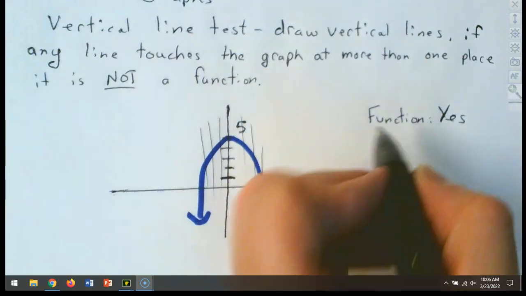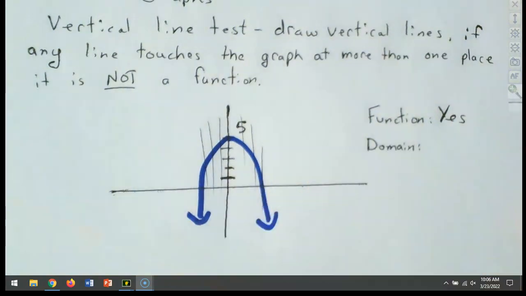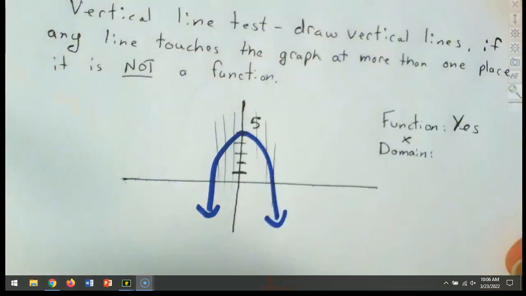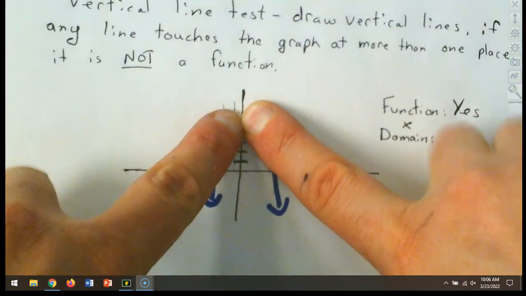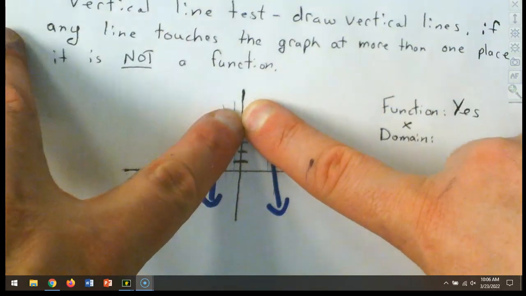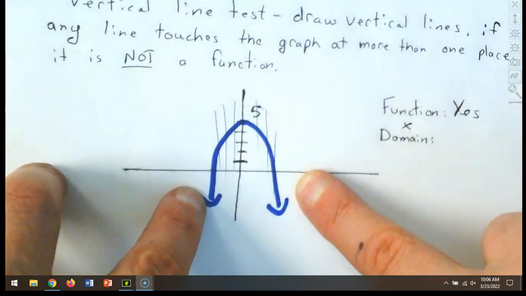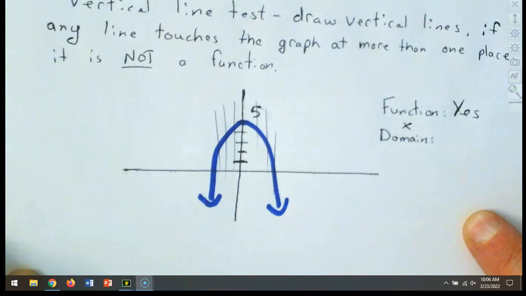Now we need to talk about the domain. Okay, now, domain. What do we know about the domain? Domain is values of x. So here's my graph, and I'm going to draw it out with my fingers here. So as I draw this graph, what's happening? It's going down, and it's also going what? Out to the left and out to the right.